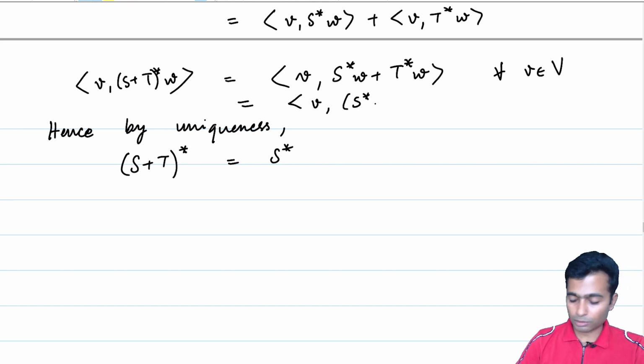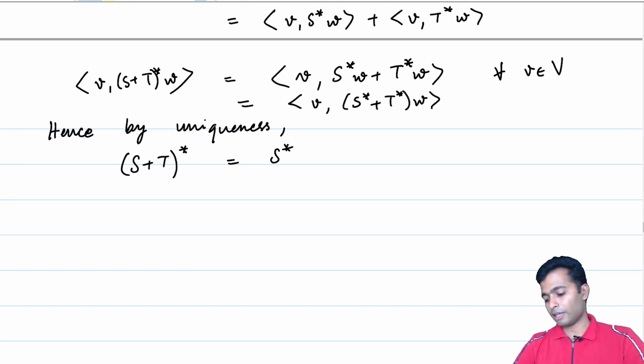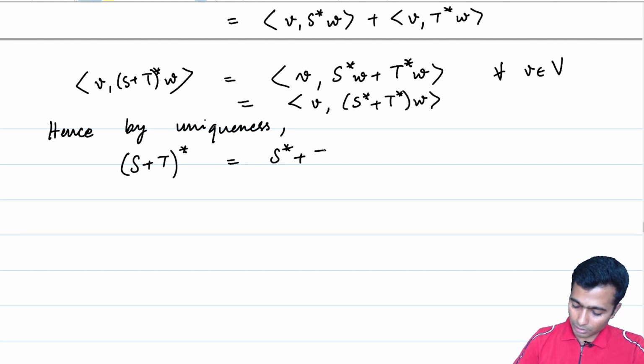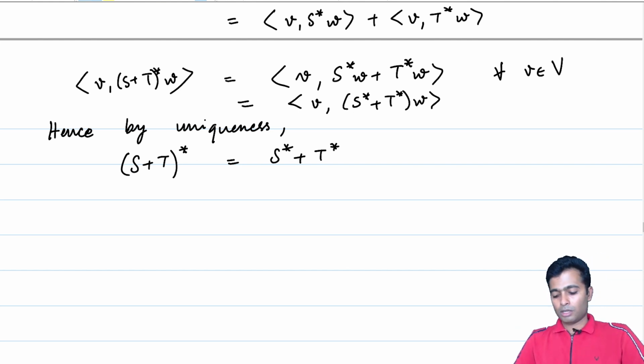We know that S star is also a linear transformation, T star is also a linear transformation. So by definition this is S star plus T star of W, which is equal to S star plus T star. So the adjoint is actually linear in some sense.